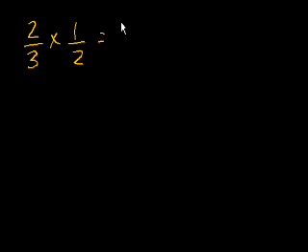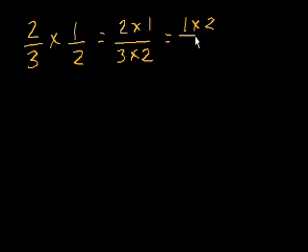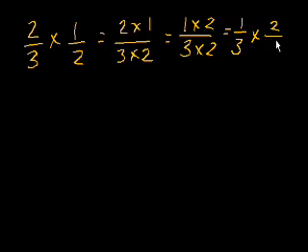Because you know that this is going to be the same thing as 2 times 1 over 3 times 2, which is the same thing, I'm just switching the order on top, as 1 times 2 over 3 times 2, right? All I did is I switched the order on top because you can multiply in either direction. And that's the same thing as 1/3 times 2/2. Well, that just is 1/3 times 1, which is equal to 1/3.